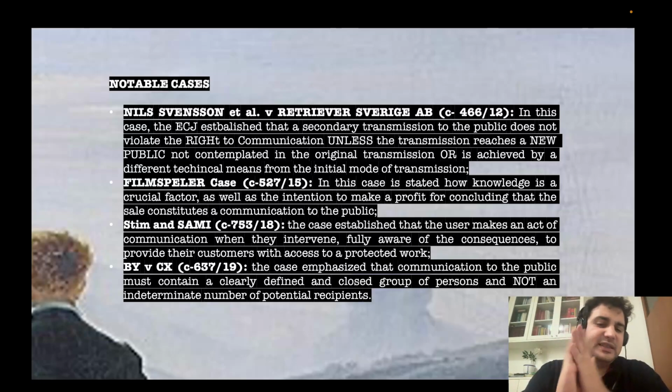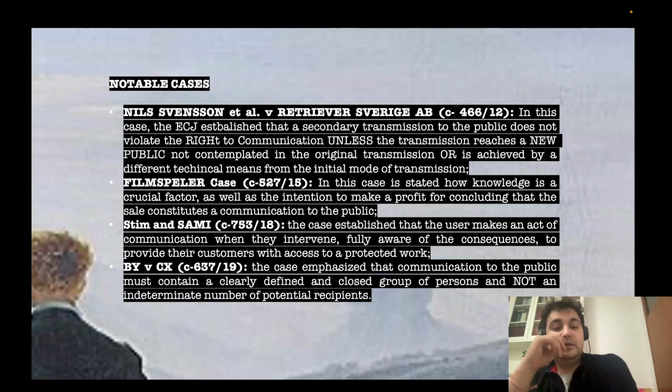Then we'll have Stream and Stichting Brein, that is C-753/18, which establishes that the user makes an act of communication when they intervene, fully aware of the consequences, to provide their customers with access to a protected work.